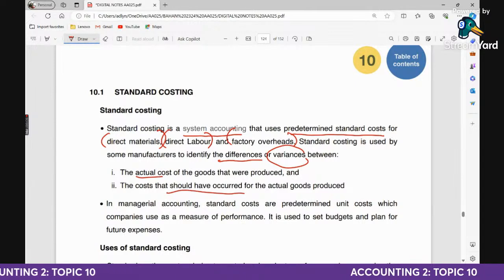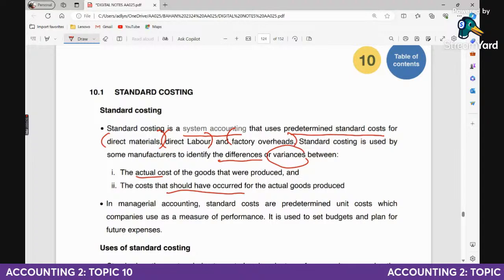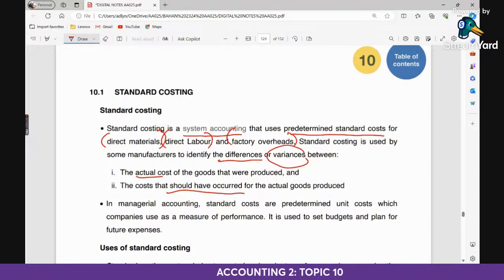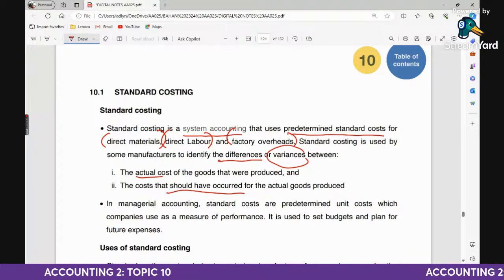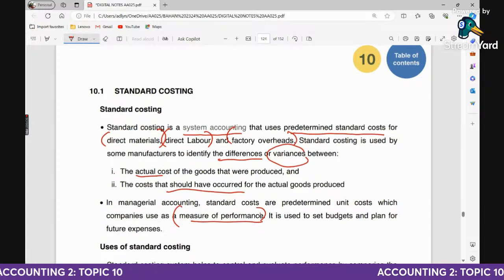Kita ada satu set data yang merupakan data sebenar, dan satu set data lagi ialah data standard. So perbezaan antara dua data ni akan memberikan kita variance lah. In managerial accounting, standard costs are predetermined unit costs which companies use as a measure of performance. Kita akan guna untuk measure performance sama ada kita punya costing tu efektif ataupun tidak.